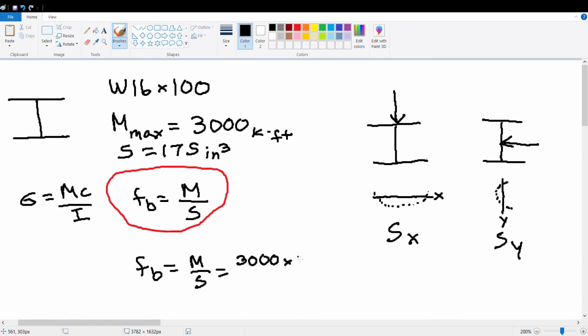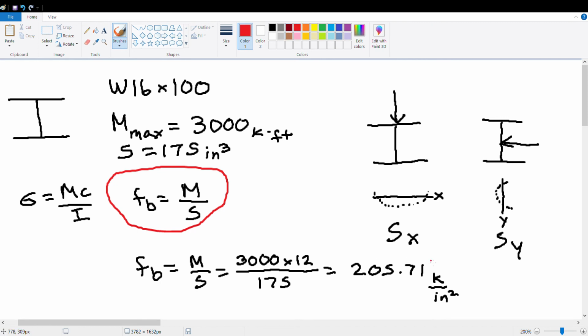So we're going to multiply that by 12, and divide by 175. Let me use my handy dandy calculator. 3,000 times 12 divided by 175. And your answer is 205.71, and that is in ksi, kips per square inch. That is your answer.